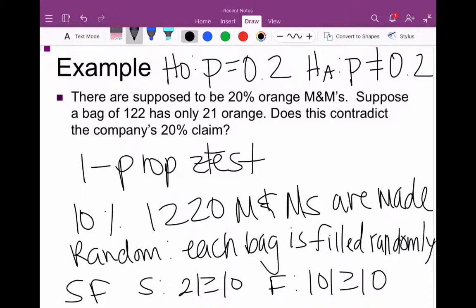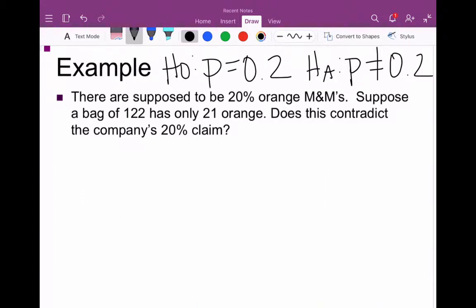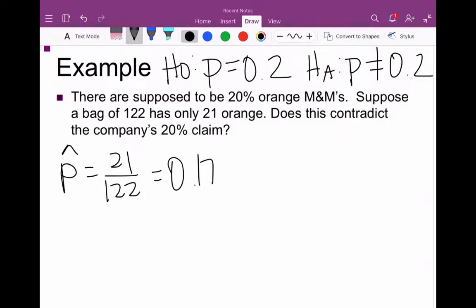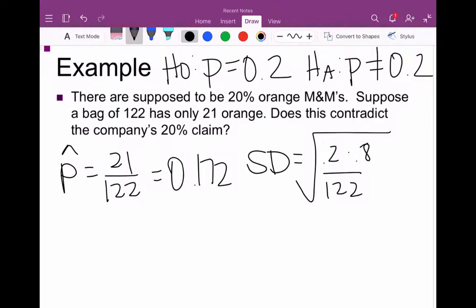So then we move on to step 3, which is the mechanics. In the mechanics, we actually perform the calculation. So I need to figure out what my sample proportion is, and in this case it would be 21 out of 122, which is 0.172. Then I need to figure out my standard error, or standard deviation, and that would be the square root of 0.2 times 0.8 over 122, which is 0.036.